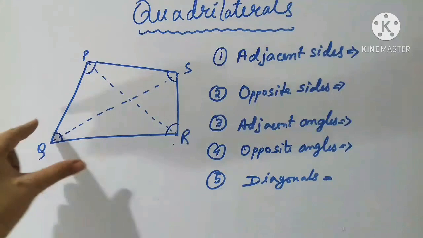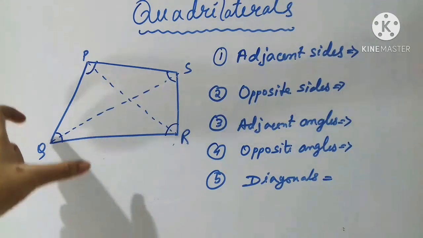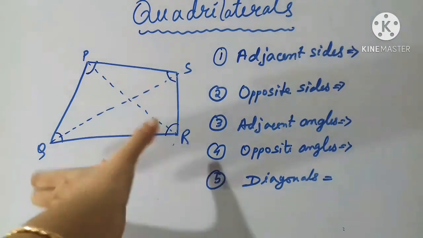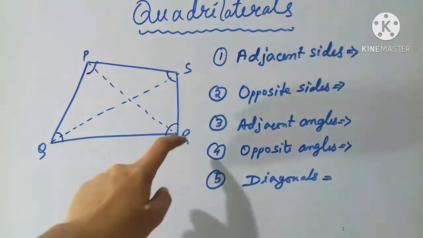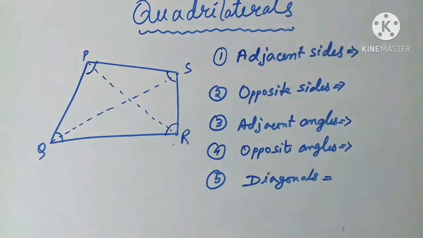PQ and QR are adjacent sides, and again the pair QR and RS. After that RS and SP, whose common vertex is S. In this quadrilateral PQRS there are four sides, and two sides of a quadrilateral having a common endpoint are called adjacent sides.